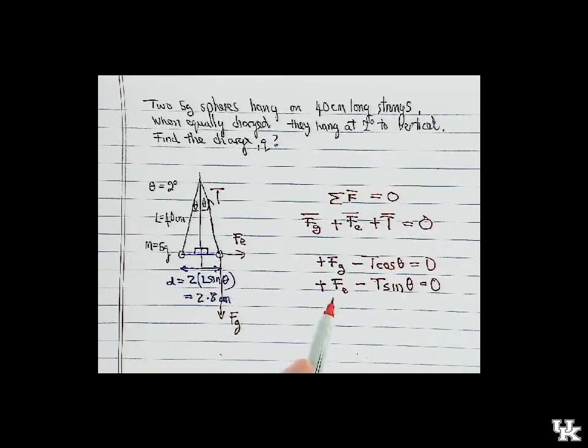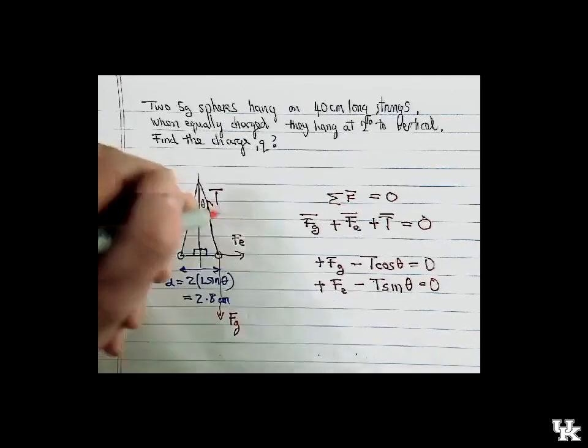And a similar argument for horizontally. That's the second equation. Horizontally, if you look at the picture, electricity acts horizontally. Tension has a component, a portion of it, that acts horizontally. But there's no gravity in the horizontal direction. So the second equation only has electricity and tension in it.